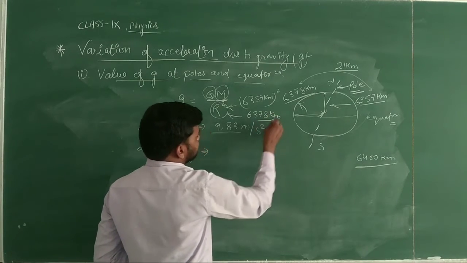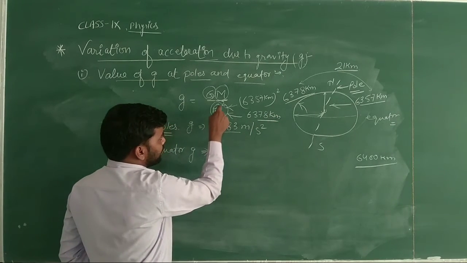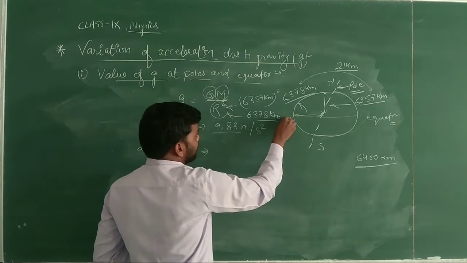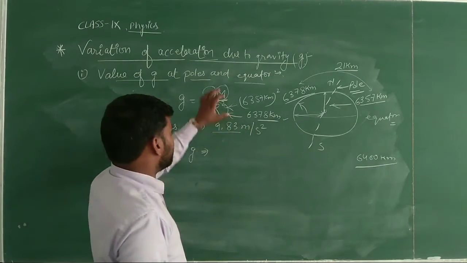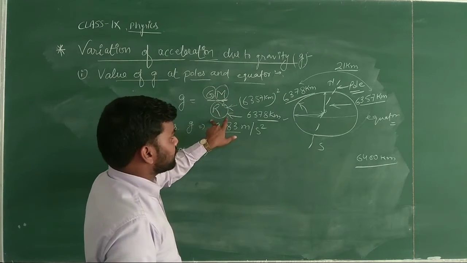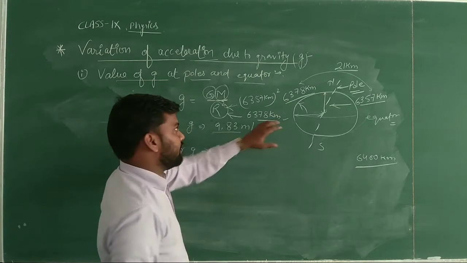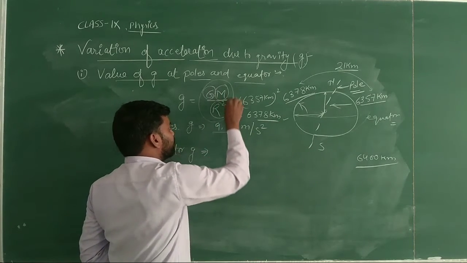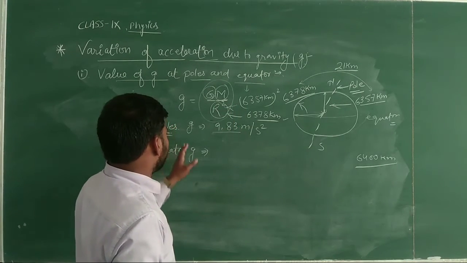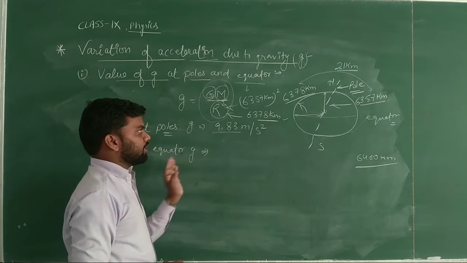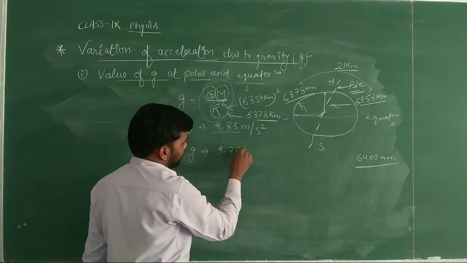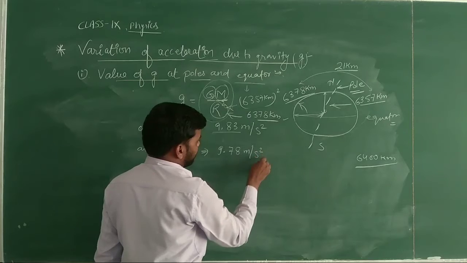We can see that the value of the radius in the denominator is increasing, and we know that if the denominator of any ratio increases, the resultant value of the whole quantity will decrease. So the value of g at the equator also decreases. It becomes 9.78 meters per second squared.